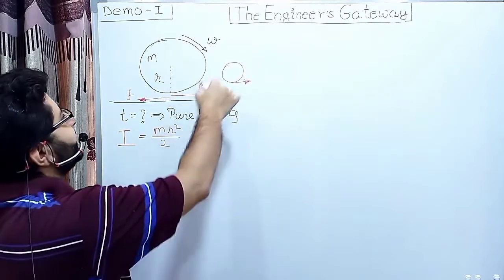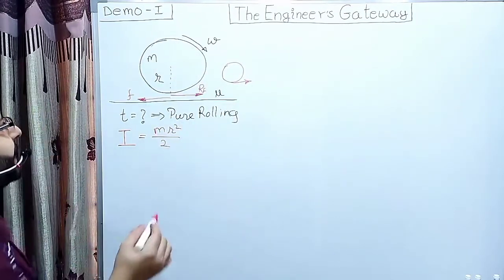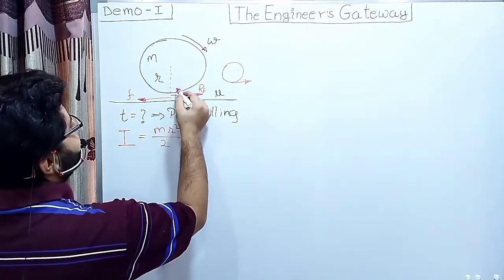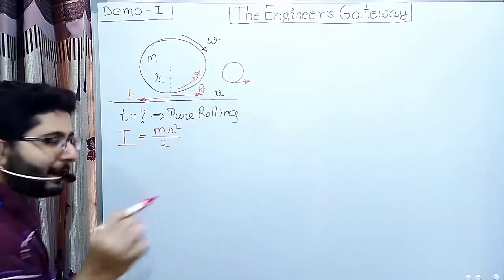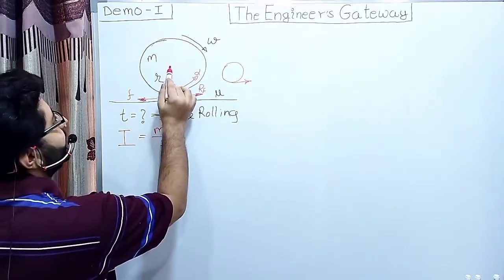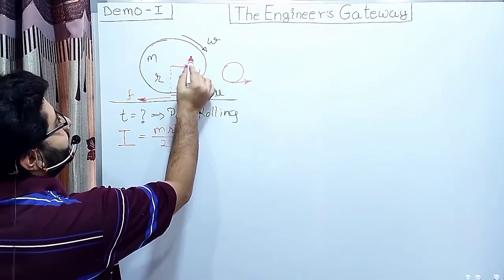What that will do is it will try to decelerate the angular velocity, but at the same time this reactive force will generate an angular deceleration alpha, and this alpha will try to increase the velocity in this direction by applying a linear acceleration a.